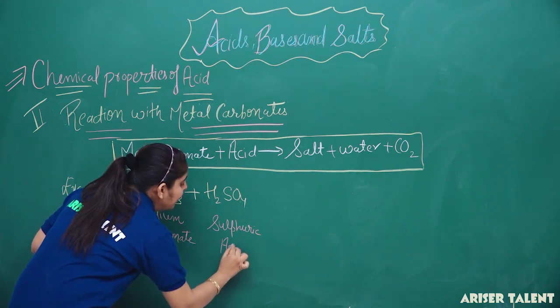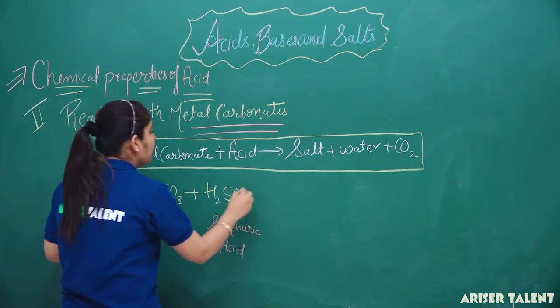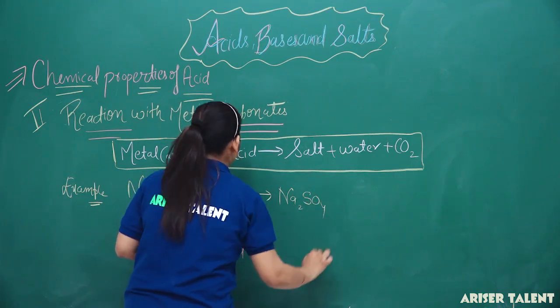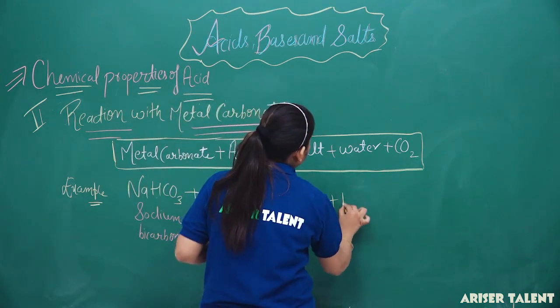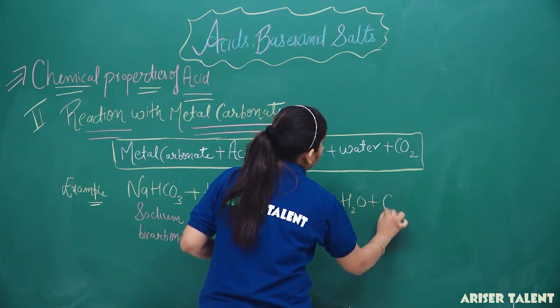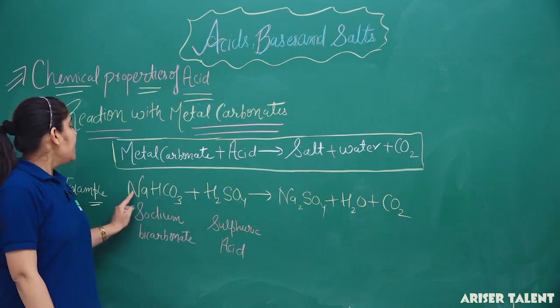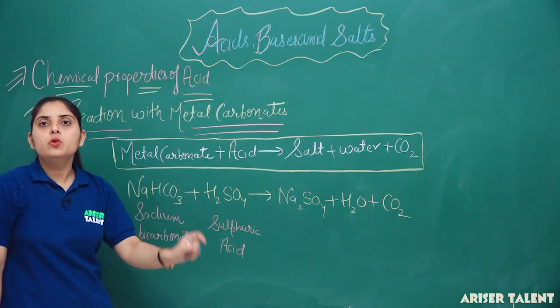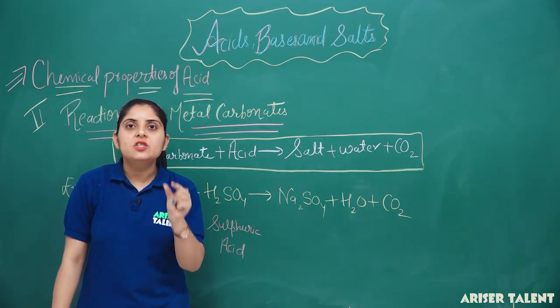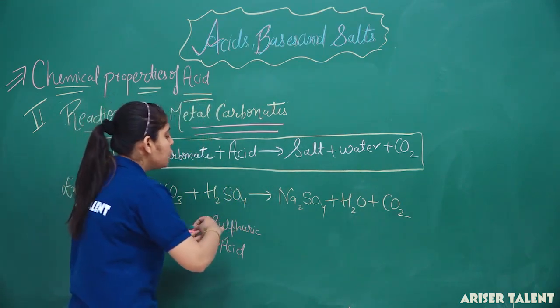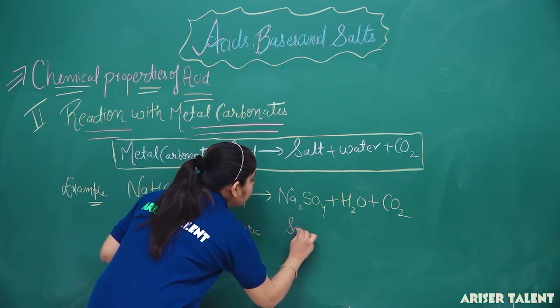Now, what we will get in the product side? We will get Na2SO4 plus water plus carbon dioxide. It means Na will react with SO4 to give Na2SO4, that is sodium sulfate, and sodium sulfate is basically a salt.